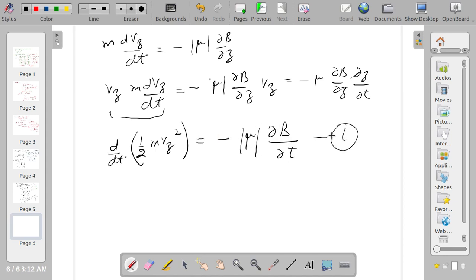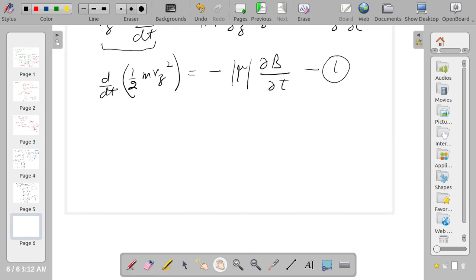So this is one equation, and another equation which we studied earlier, that d/dt of 1 by 2 m v square is equal to 0.